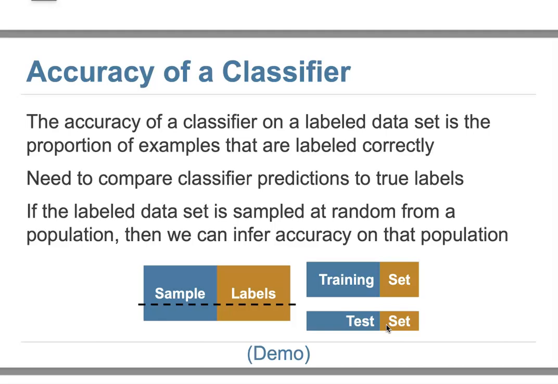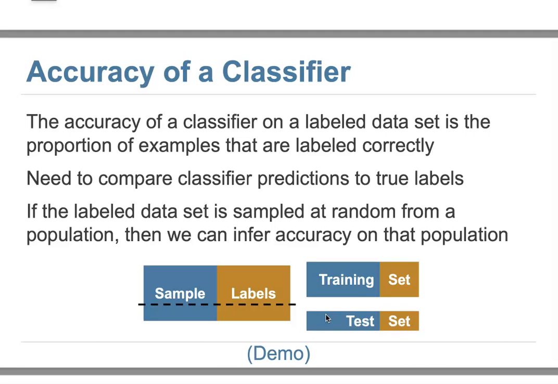This testing helps us get the accuracy of the classifier. In order to get the accuracy, we need to compare the classifier's predictions to the true labels. That's why we keep a portion for the test set, because we already know the true labels.